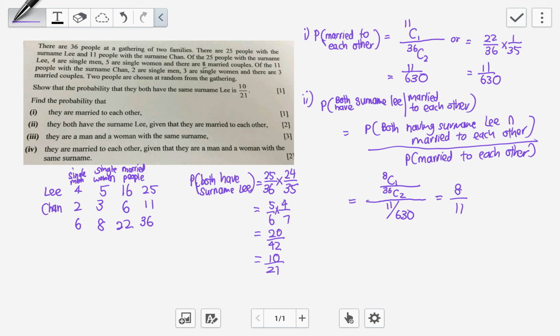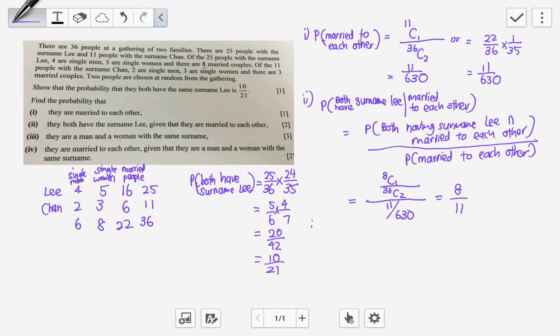Because we are choosing out of these 8 couples, these are the number of ways of choosing a couple with surname Lee, out of 36 choose 2 ways of choosing 2 people, over the probability of married to each other, which is part 1. So therefore we get 8 over 11.